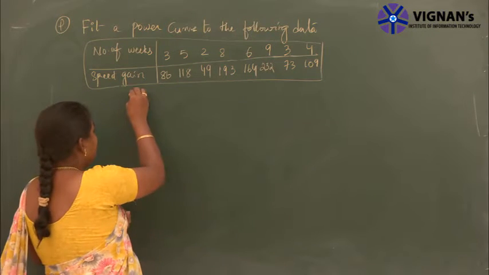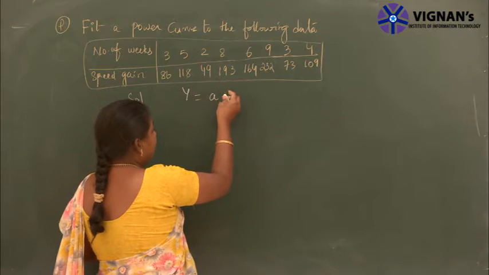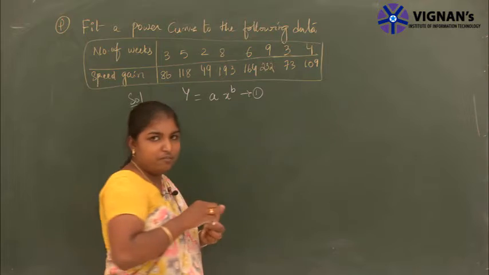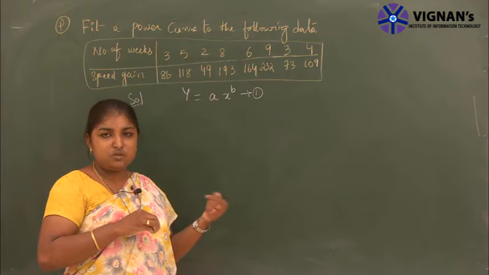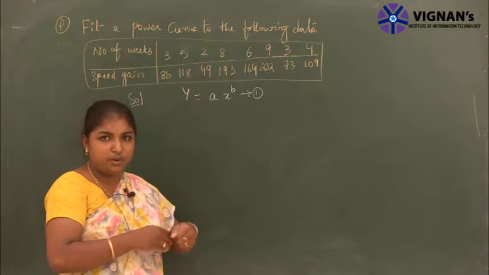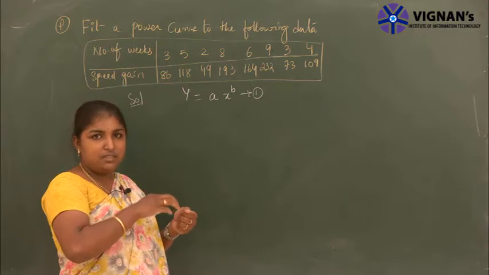Let the power curve be y = ax^b. Let this be equation 1. For power curves and exponential curves, we take logarithm on both sides and change the given equation into a straight line equation. We already did this part.